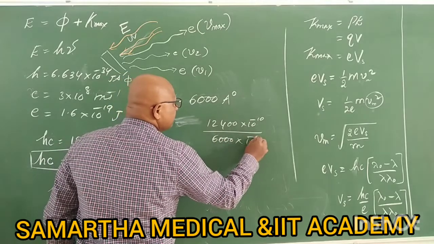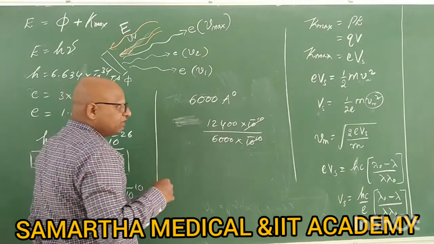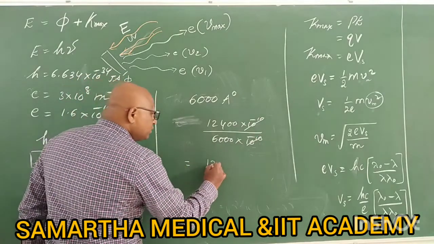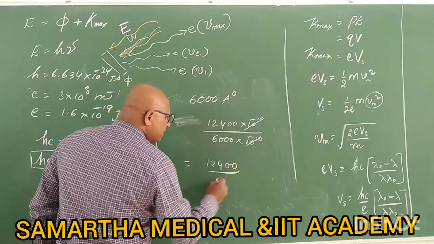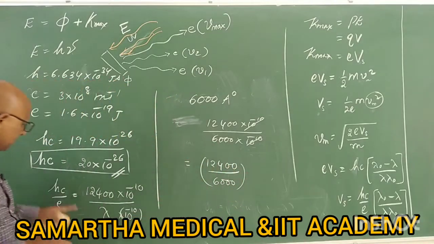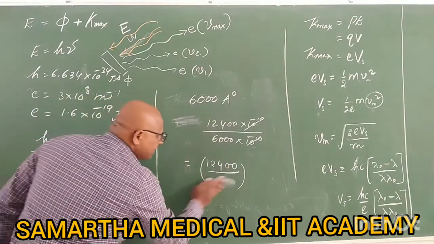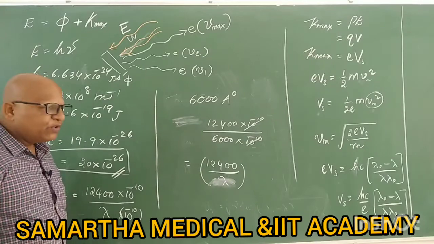6000 into 10 to the power of minus 10. Here this 10 to the power of minus 10 will cancel. That's why it is better to understand 12,400 divided by 6000. This is enough for you. Hc by E will be simply 12,400 divided by the value of lambda, without any angstroms.